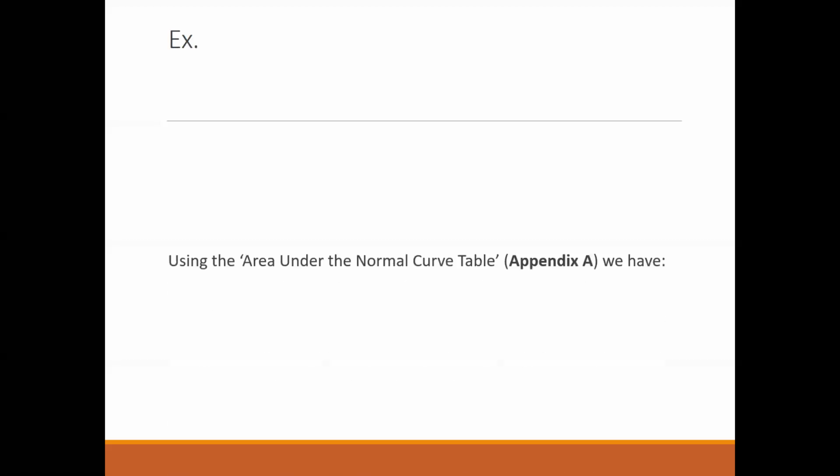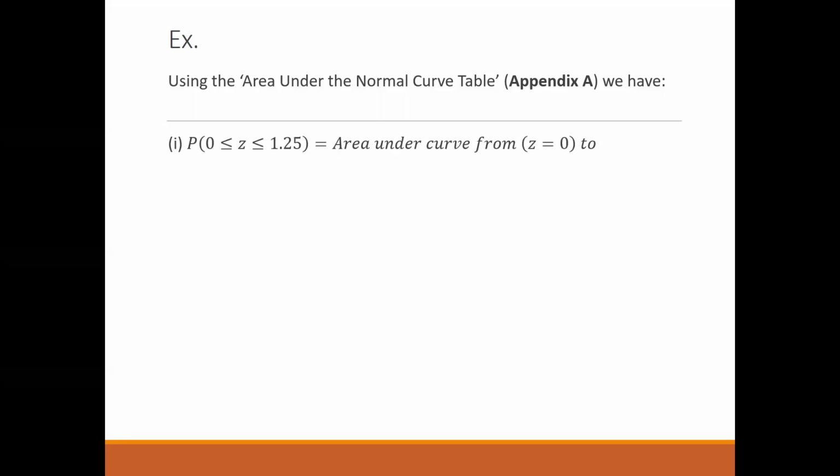Okay, so let us take the first one. Appendix A, I have already shown you some values we need to know. Now, if I want to find the probability of Z for all the values between 0 and 1.25 under the normal curve, please remember, the table which I showed you was for the positive side.